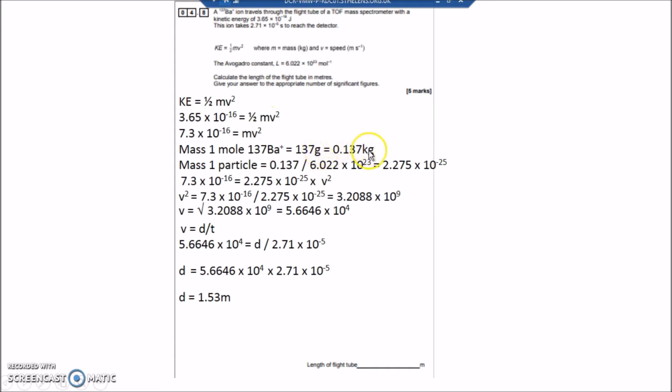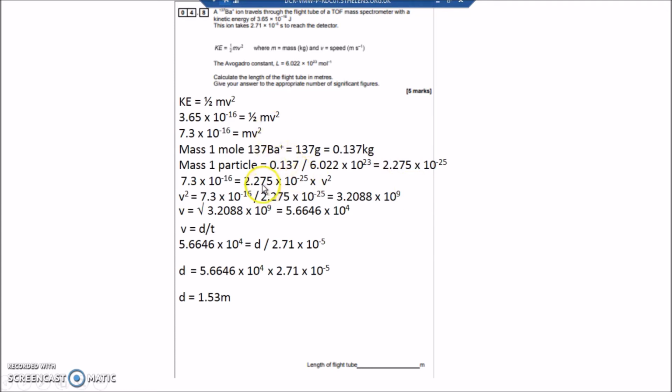Remember, a small unit up into a large unit, you divide by 1,000. So the mass of a mole is 0.137 kg. I know the number of particles in a mole is Avogadro's number, so if I take this mass of a mole and divide by Avogadro's number, I'll work out the mass in kilograms of one particle, which is 2.275 times 10 to the minus 25.